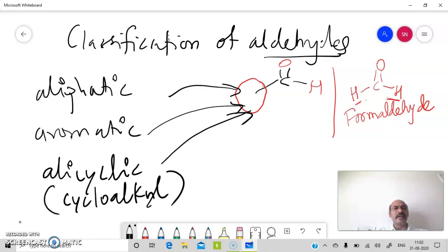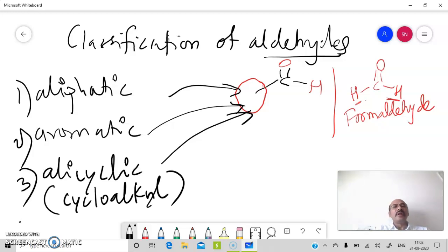So here three types as per our syllabus. We are going to learn aliphatic aldehydes, aromatic aldehydes, and alicyclic aldehydes or cycloalkyl aldehydes. So on the basis of the carbon skeleton, the hydrocarbon part directly connected to the carbonyl carbon of the aldehydic group, aldehydes are classified into three types: aliphatic, aromatic, and alicyclic.